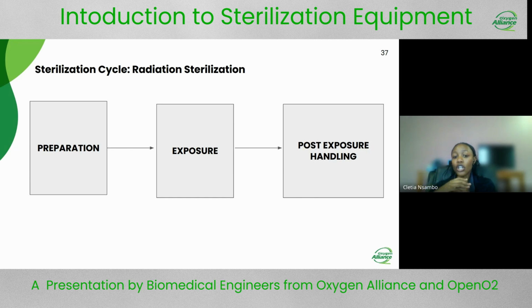So in post handling, since the source of your radiation was exposed, the source of radiation goes back into its position, into its shielding, so that it does not negatively affect the people surrounding the facility or the people operating the system.